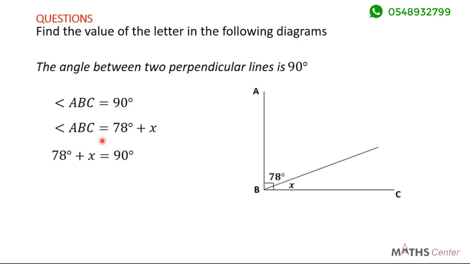So we can say that 78 degrees plus x is also the same as 90 degrees. From here, it becomes a linear equation, and we know that x will give us 90 degrees minus 78 degrees, which is 12 degrees. So you look at the diagram very carefully, then you quote the property that will help you to solve the question.